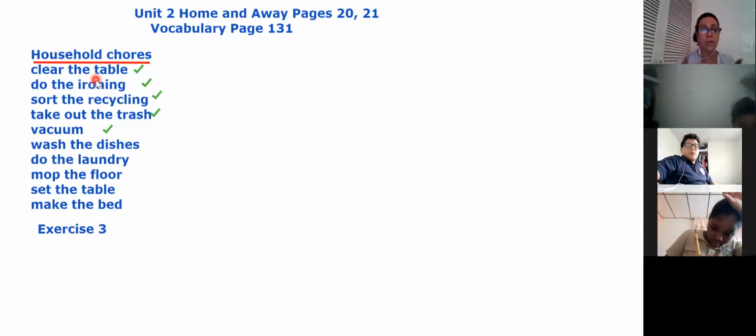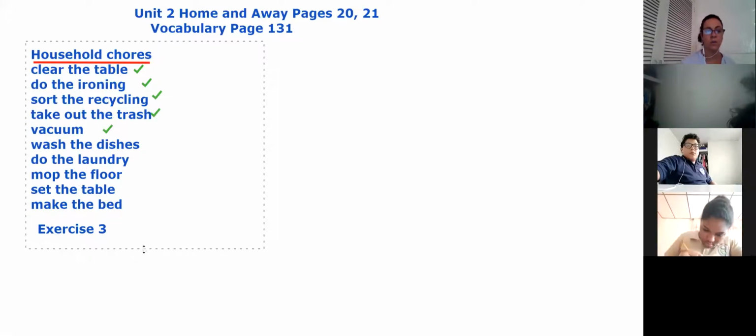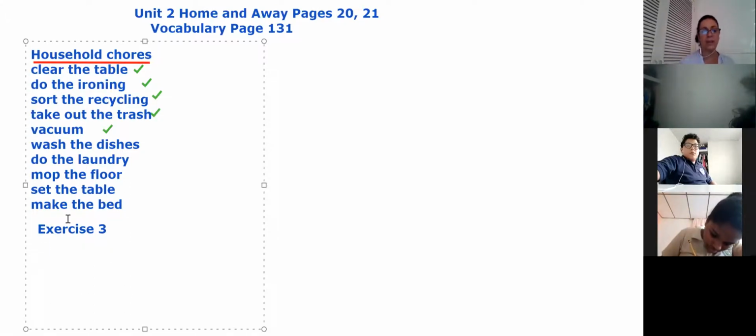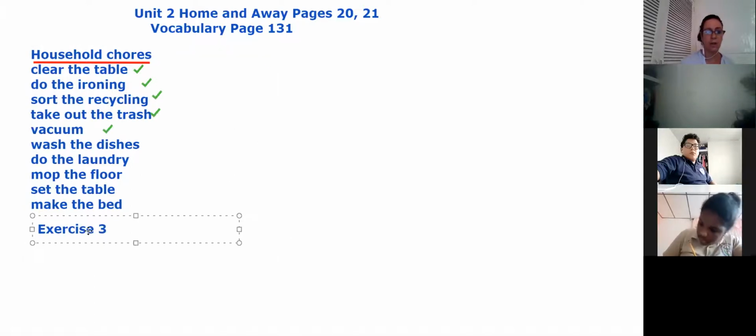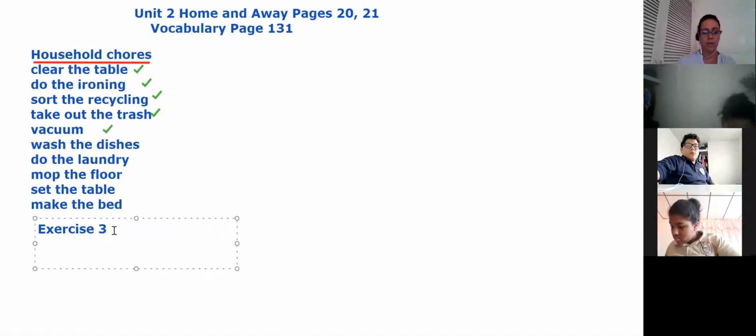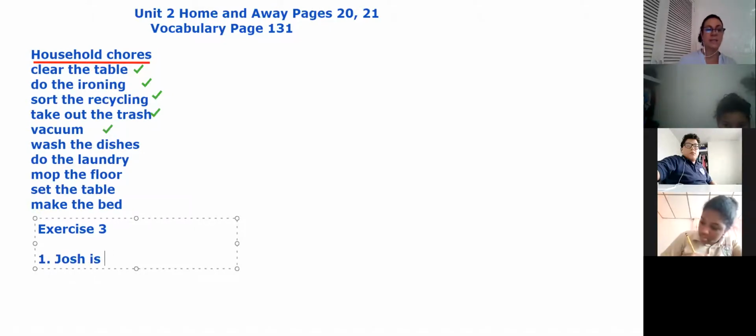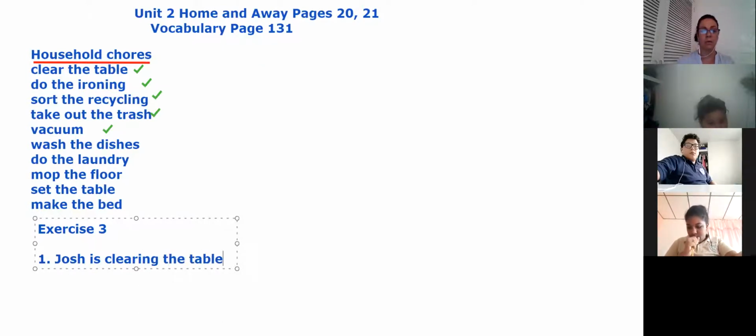So if he's doing it, you have to write ing, like in exercise 1. Let's just write it here for you to copy. Those that have it don't need to copy, but those that don't have the book can copy. Exercise 1 says, Josh is clearing. So instead of writing clear, it's an action. He is clearing the table.